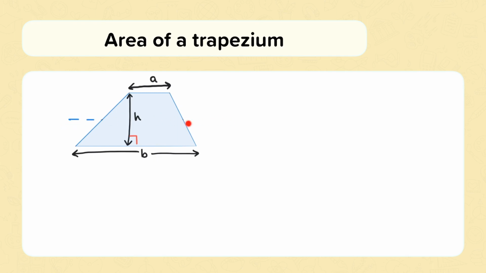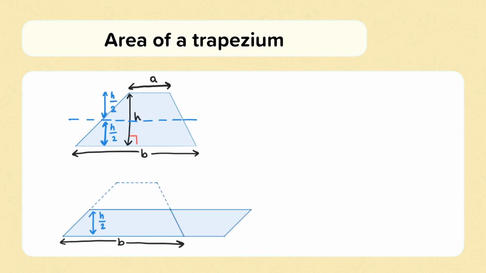So what you end up with is 2 trapeziums. Okay, so those 2 trapeziums will each have a height of half of h because we've cut it in half this way. So now imagine that we move this trapezium at the top and move it down to the bottom here. So we've actually rotated it and joined it on to the trapezium at the bottom.